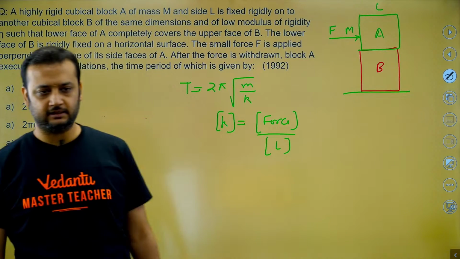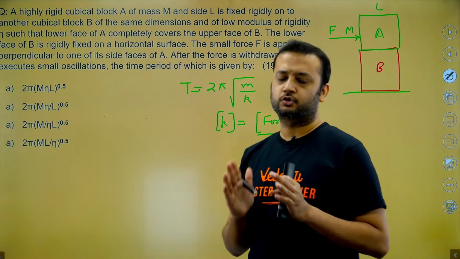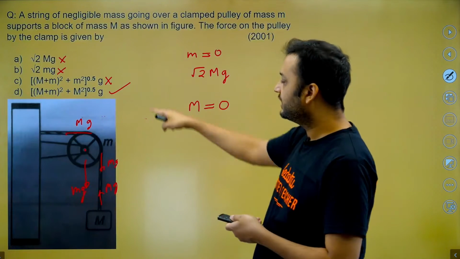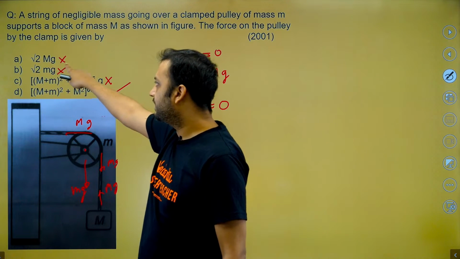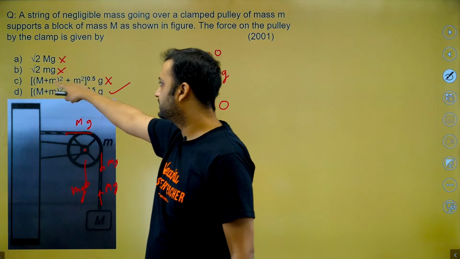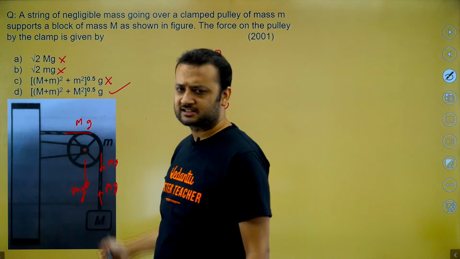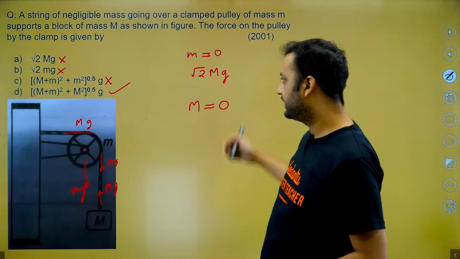When the options have terms with different dimensions, you should always think of dimensional analysis. In the previous question, all the terms had the dimension of force, so dimensional analysis would not have worked there.